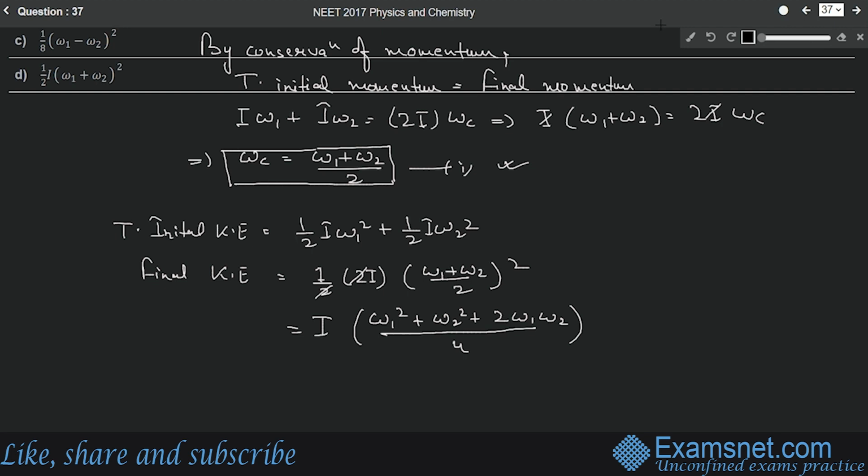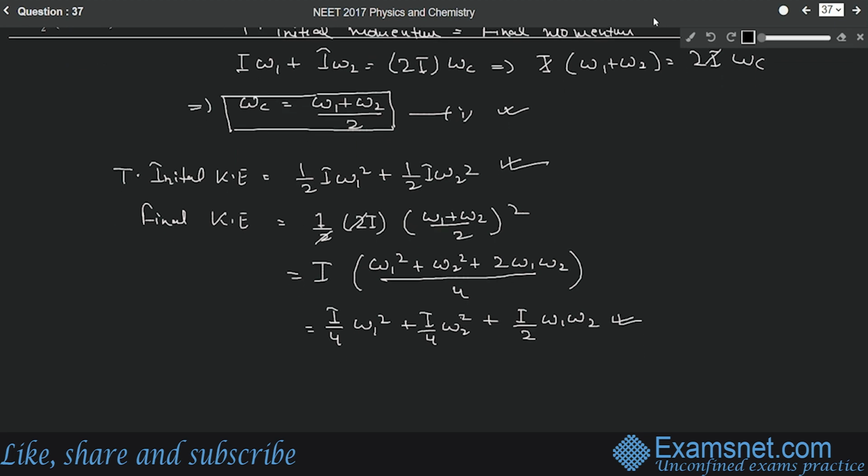Now on opening the bracket, what do we get? Here we get I by 4 omega 1 square plus I by 4 omega 2 square plus I by 2 omega 1 omega 2, right? So this is the final kinetic energy. This is the initial one, this is the final one.